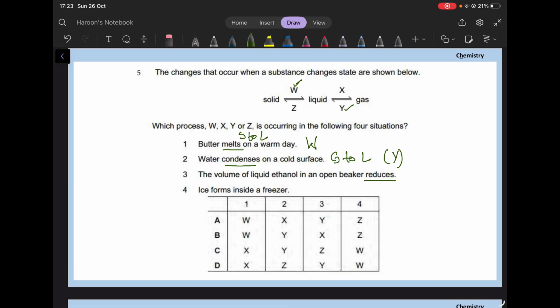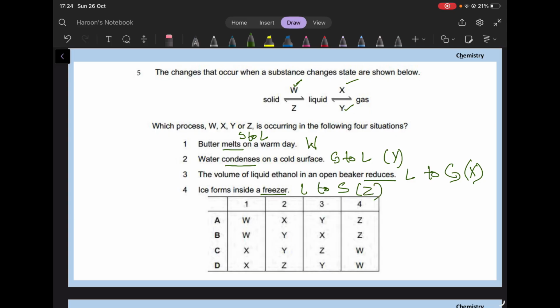When it reduces, that means some of the particles have converted from a liquid to a gaseous state. So this is going from liquid to gaseous state, and liquid to gaseous state you can see is X. And ice forms inside a freezer. This is solidification, or liquid to solid state. Liquid to solid state is actually Z.